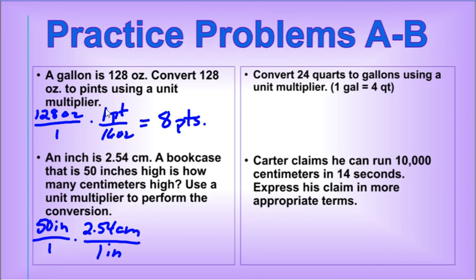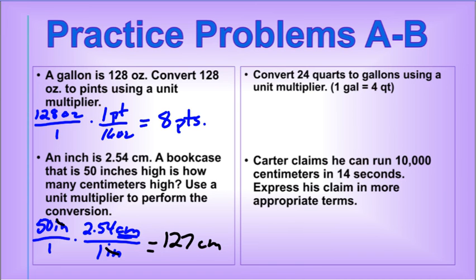Now the question might be, how do you know where to put the unit multipliers? Well, if you want your answer in centimeters, you need to have centimeters on top. That means the inches has to go on the bottom so that they divide out. So now I'm left with 50 times 2.54, which gives us 127 centimeters.